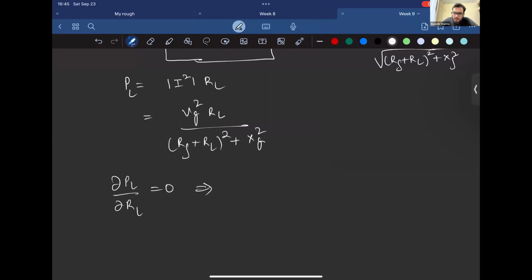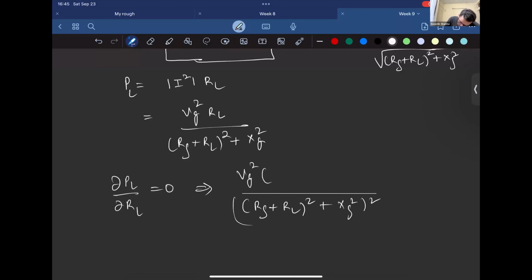It's simple. The denominator is squared. So Vg square, keep the denominator constant.